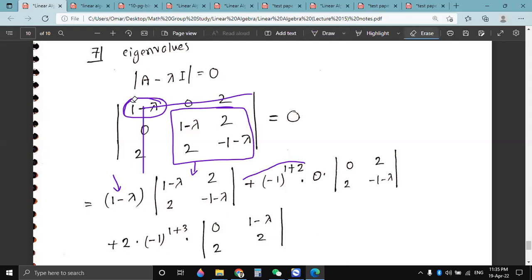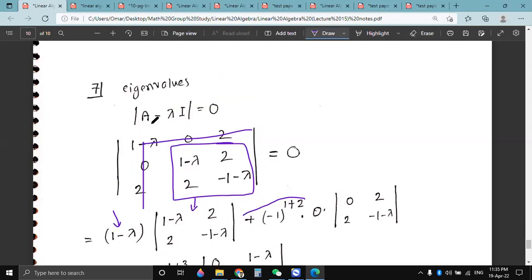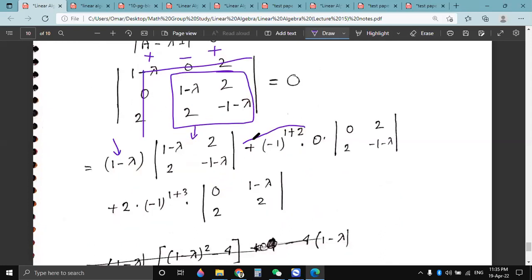You can imagine the signs this way: plus, minus, and plus. So this part will be minus. You can just memorize this, so you don't need to write down all of this part.